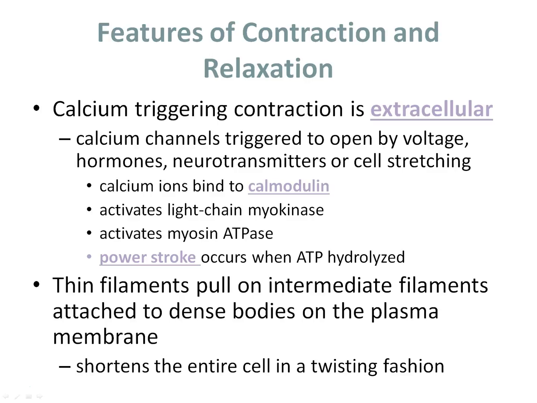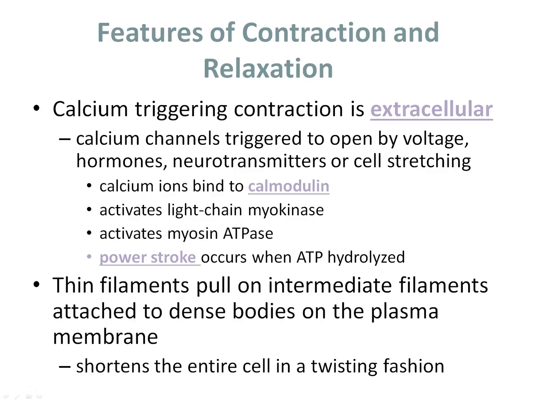When that motor is started, we have a power stroke. So the myosin ATPase pulls on actin and makes the cell smaller. It pulls the two cell membranes closer together. This power stroke occurs when myosin hydrolyzes or breaks apart the ATP.